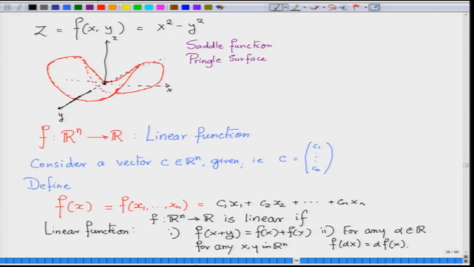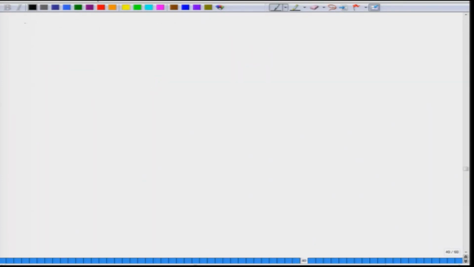So, let us write down if you are confused. Property 1: f of x plus y is equal to f of x plus f of y. This is called the additivity property.